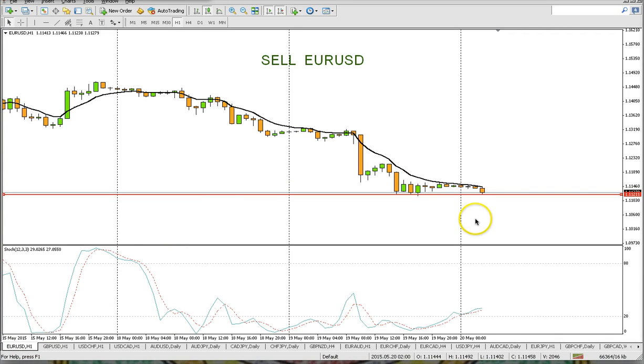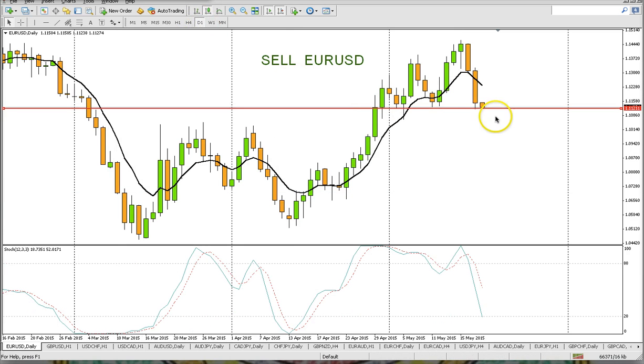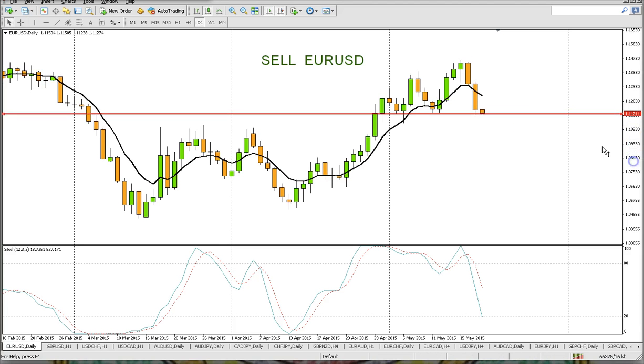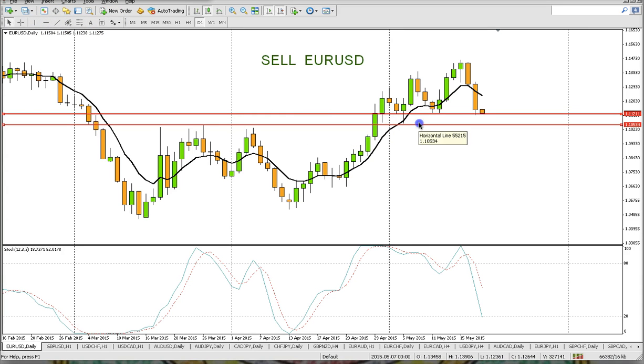Now it's getting really oversold. If you look at a daily chart, it's hitting this previous support level back on May 11th, and it's starting to clear that right now. We're going to start seeing it hit the next support level, which is 110.60 area.